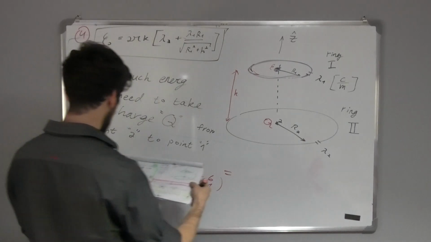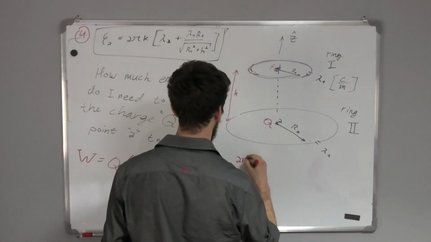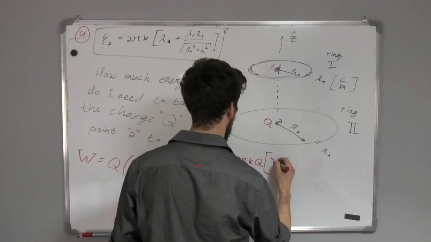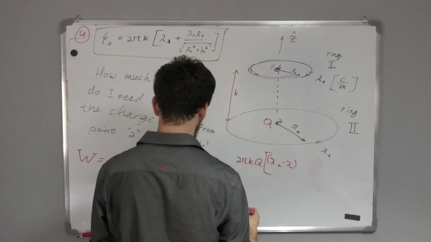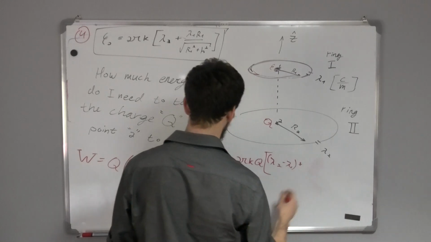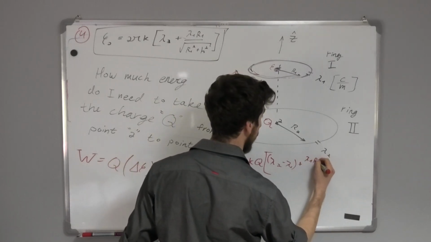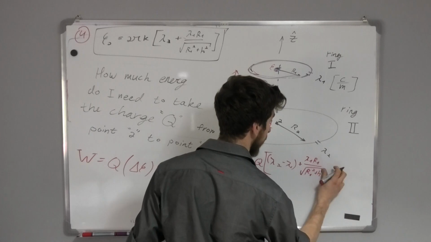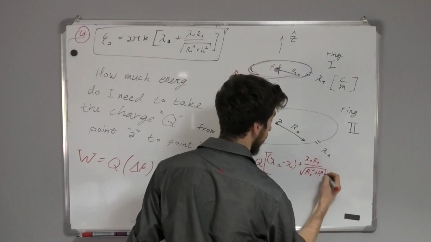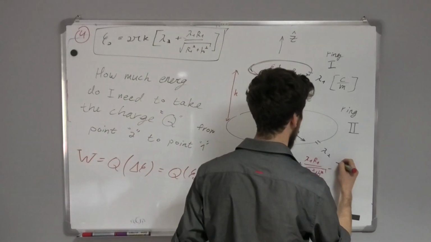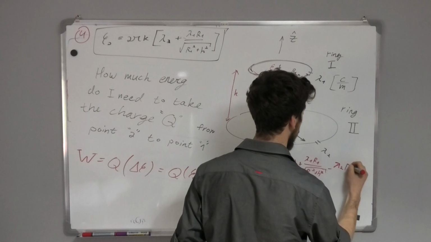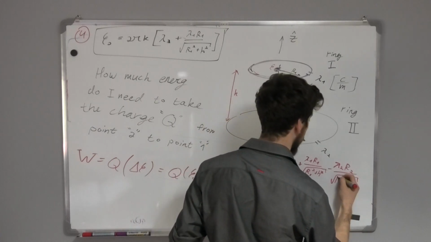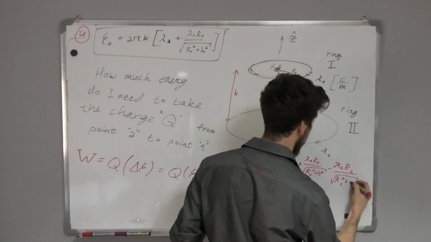This is equal to 2 pi k q, and outside of it, lambda 2 minus lambda 1 plus lambda 1 R1 divided by the square root of R1 squared plus H squared, minus lambda 2 R2 divided by the square root of R2 squared plus H squared.